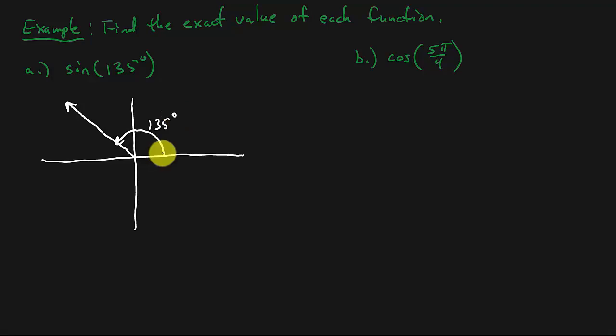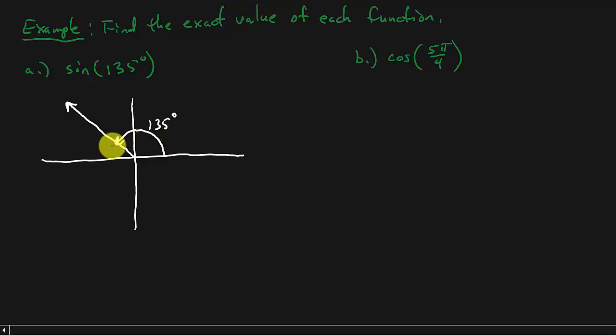But if this is 135 degrees, then we know this angle here is 45 degrees, because from here all the way to here is 180. So 135 plus 45 more would make 180. And then we drop this down. That's a right angle. If this is 45, we know this is 45. And we can label this 1, 1, and square root of 2.